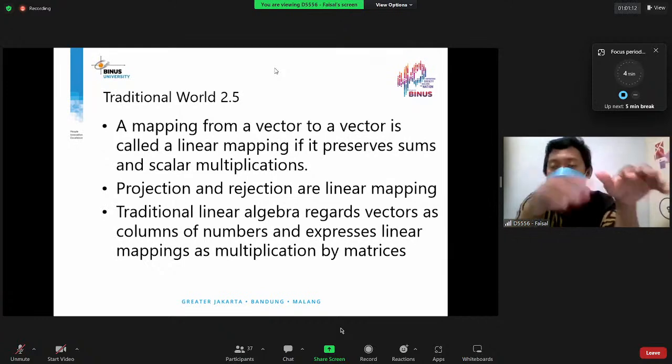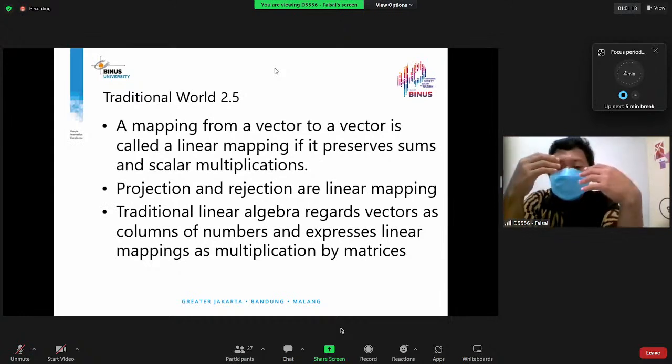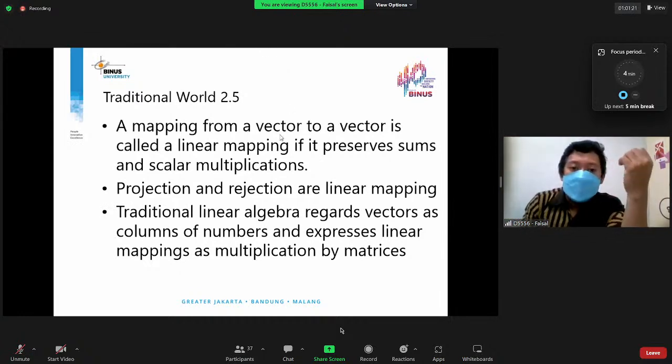All these three transformations in linear algebra can be represented by a mapping. Projection is just like a mapping from a vector to a vector.